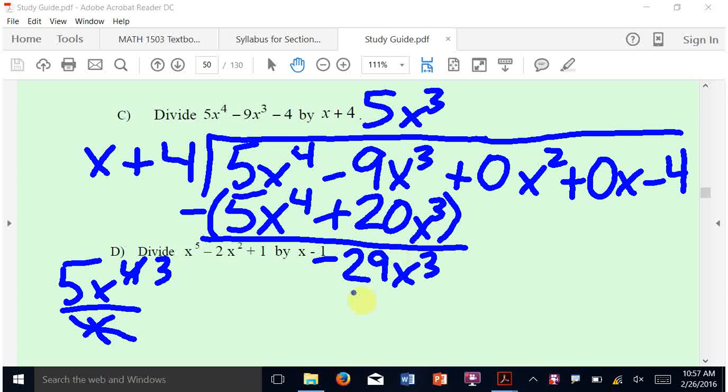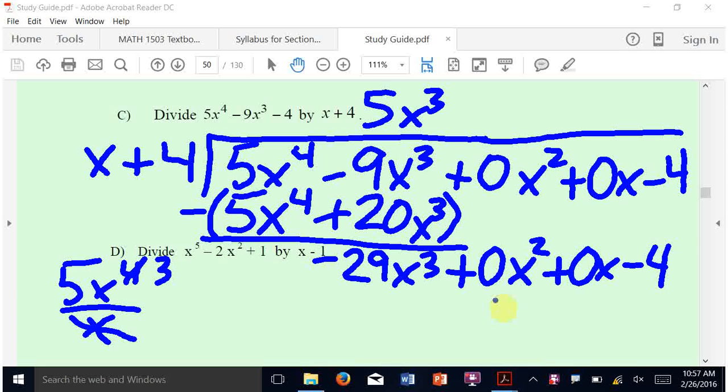Okay, so we've gone through one cycle of our three-step process. Now it's time to start over. So divide, then multiply, then subtract. So maybe for clarity's sake, we should go ahead and bring these terms down so you can see more clearly what's going on. So divide this guy by this guy, and that is going to be negative 29x squared. So we divided, now we multiply.